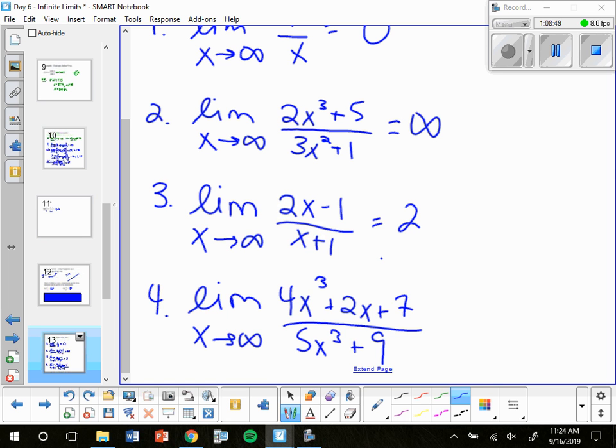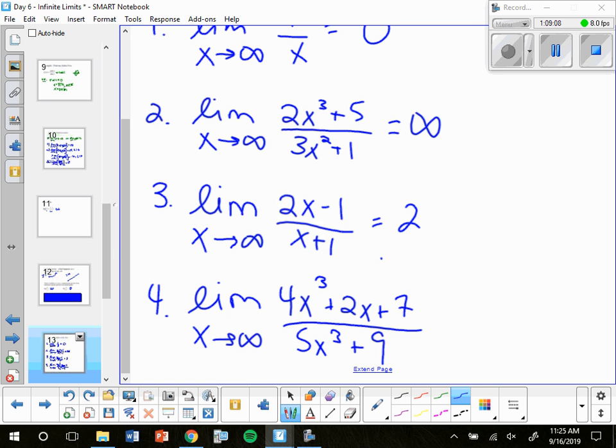They're both getting really, really big, the numerator and the denominator. Which one's going faster? The denominator, but it's at a rate that we can sort of understand, a comparison that we can understand.